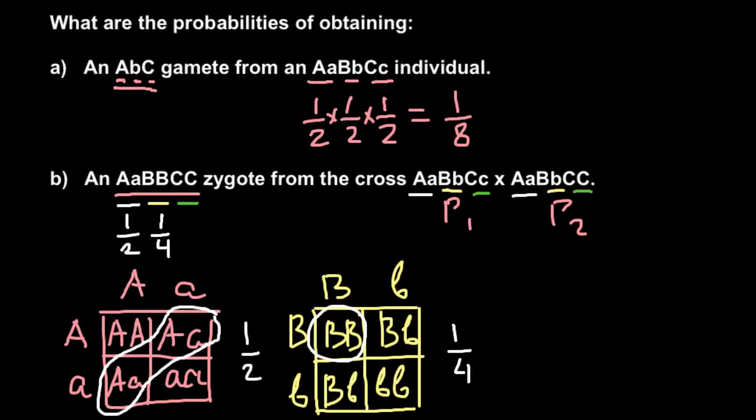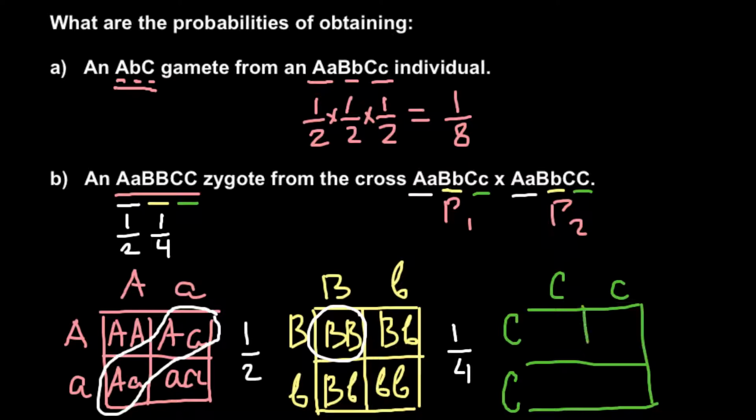So parent 1 would be capital C small c, and parent 2 would be capital C capital C. Once again, we build a Punnett square, and now we have here capital C capital C, capital C small c, capital C capital C, and capital C small c.